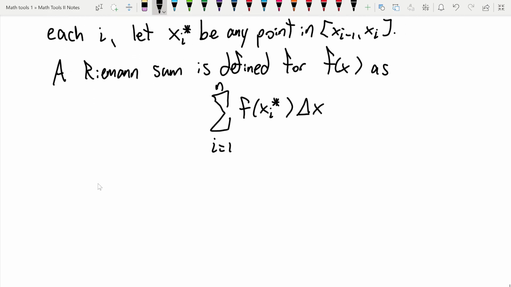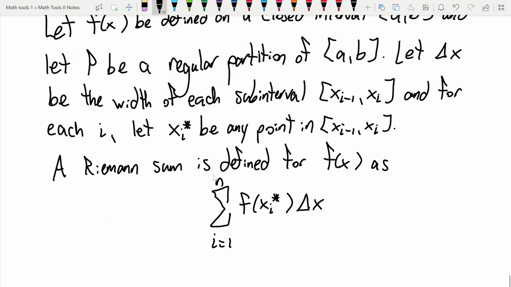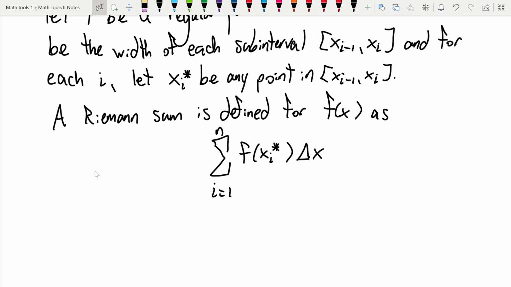Now we can define the area of a curve exactly building off of this definition and incorporating limits into it. Okay. So note that here n is defining how many subintervals you have, right? So what we saw with the last approximations that we were doing with the left and the right endpoints is that as we made more subintervals, as we made finer subintervals with less width, the approximations became better.